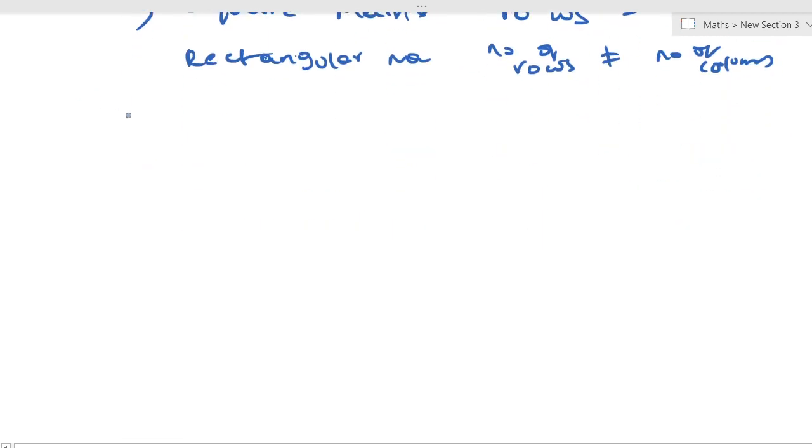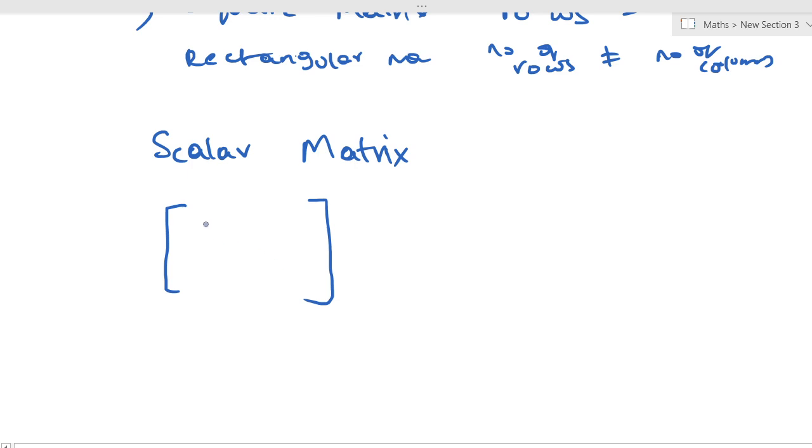So guys, a scalar matrix is a matrix in which all the diagonal elements are equal and the rest of the non-diagonal elements are 0. What is diagonal here? This one.